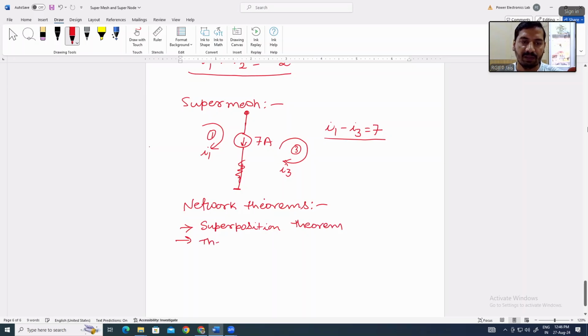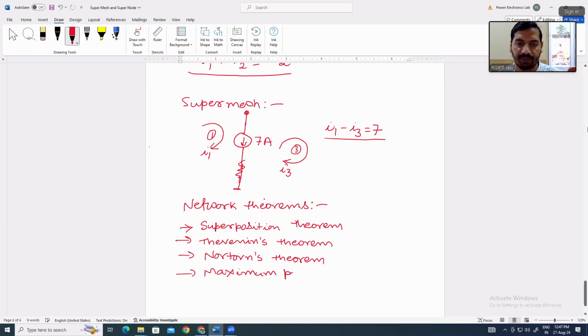Second one is Thevenin's theorem. Third one is Norton's theorem. And fourth one is maximum power transfer theorem. Okay.